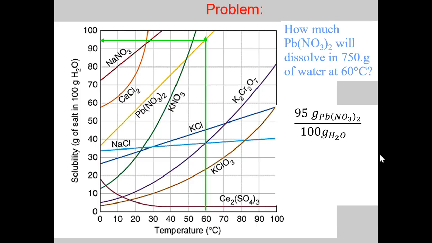So I'm going to take my 750 grams of water. I'm going to use this conversion factor. Do I leave it the way it's written, or do I flip it upside down? So if you did this right, you left it the way it is, because I want to make sure my grams of water cancel. So I'm going to write it just the way it is.